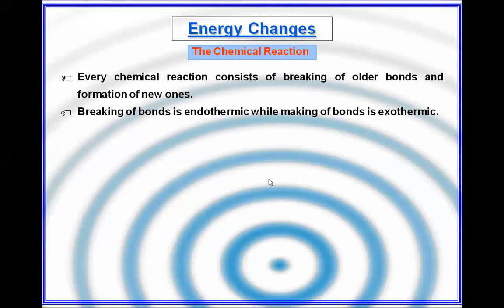Now we use this example, the decomposition of hydrogen and oxygen and the production of water molecule. Breaking of a bond is endothermic, heat must be absorbed, and when new bonds form, they release heat energy. So this is called exothermic. How do we calculate the total amount, and how can we say that this reaction releases or absorbs this amount of energy?